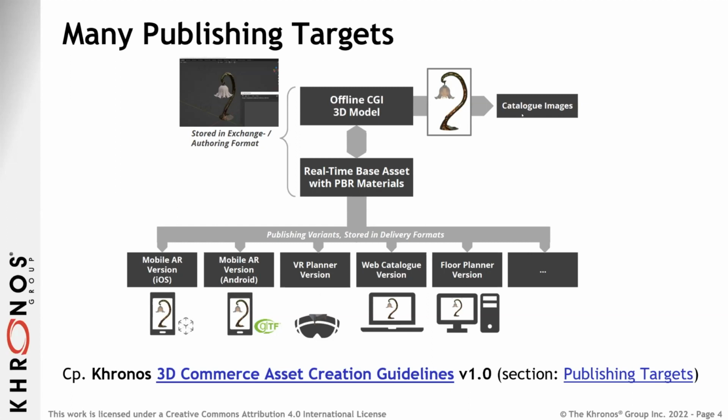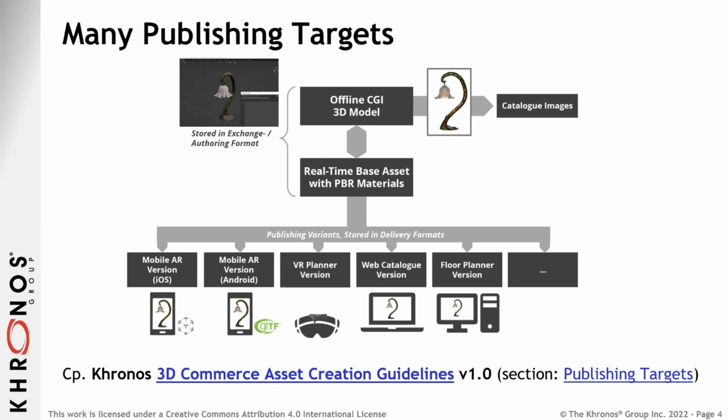So these catalog images usually come from an offline rendering, like a CGI model that is rendered with some software like, let's say, 3D Studio Max or Blender or Maya, and using some renderer like, for example, V-Ray, that then generates a picture in 5, 10, 15, or 30 minutes, or however long it takes to generate a high resolution photorealistic representation from one view that you can use in your catalog, right?